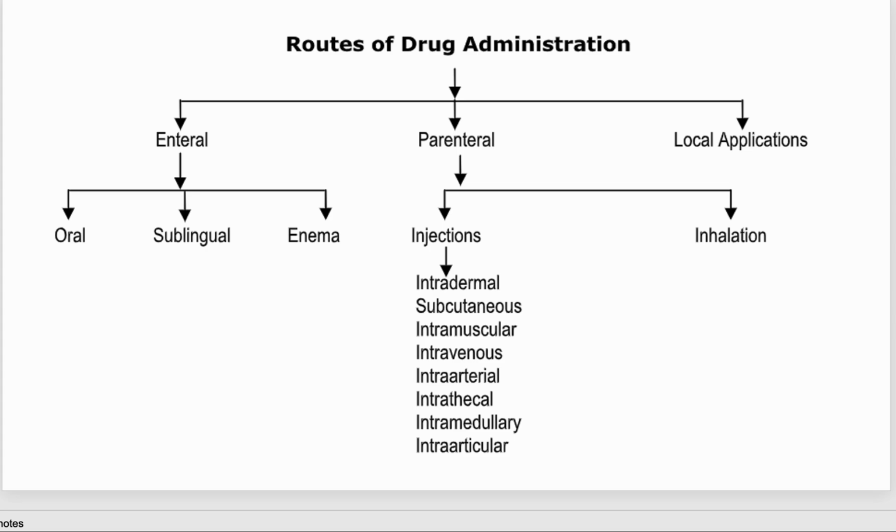Before talking about enteral and local applications, let's talk about systemic and local effect. Systemic effect is the effect produced by a drug after being absorbed into the bloodstream, whereas local effect is the effect produced by the drug in a localized area where it is applied or administered. For systemic effect of a drug, the possible routes of drug entry into the body may be divided into two main classes: enteral and parenteral.